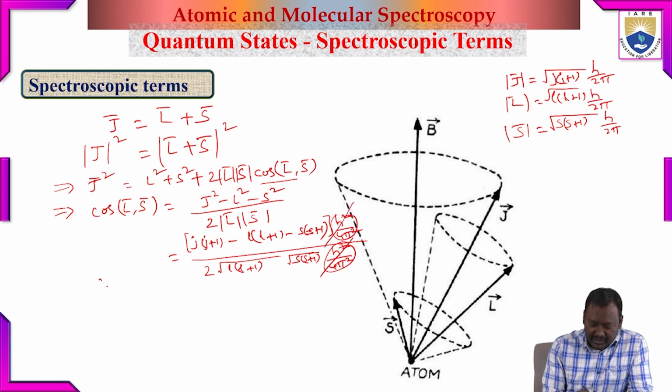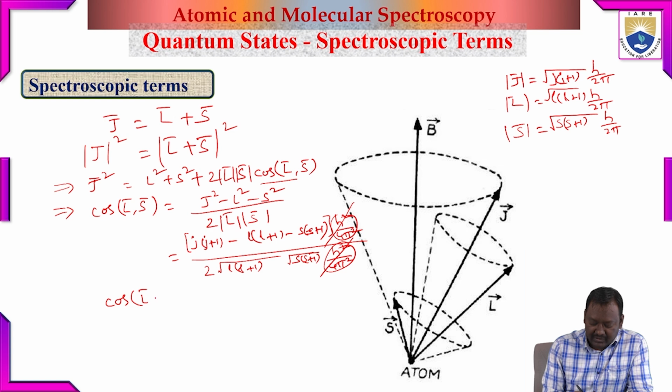So the angle between L bar and S bar can be determined by knowing these values.